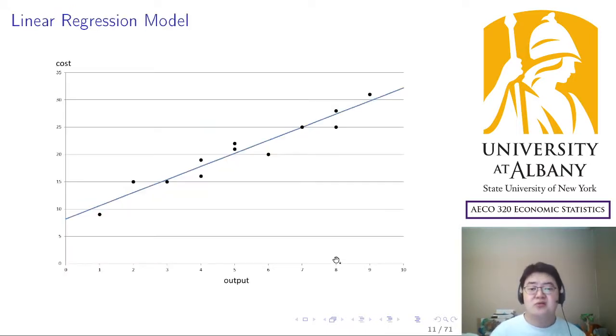And we are going to make this kind of line. If you estimate the regression model using data, previously you only had 12 dots, but now you can draw the trend line.